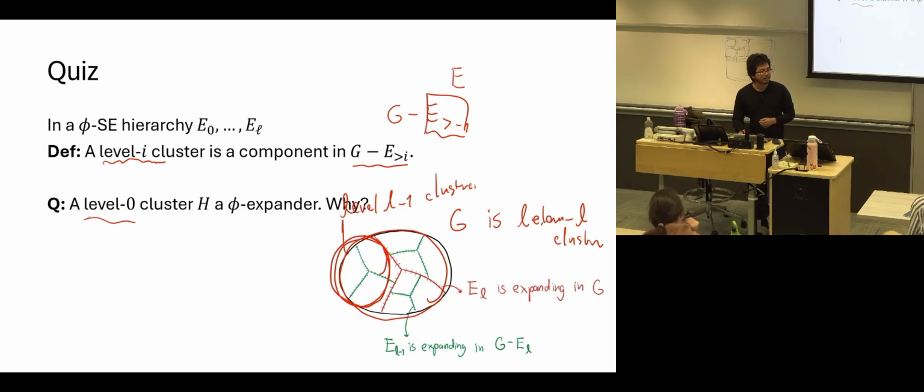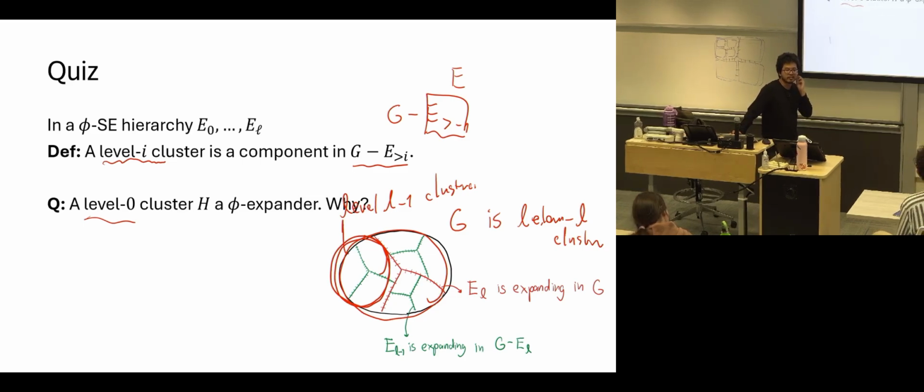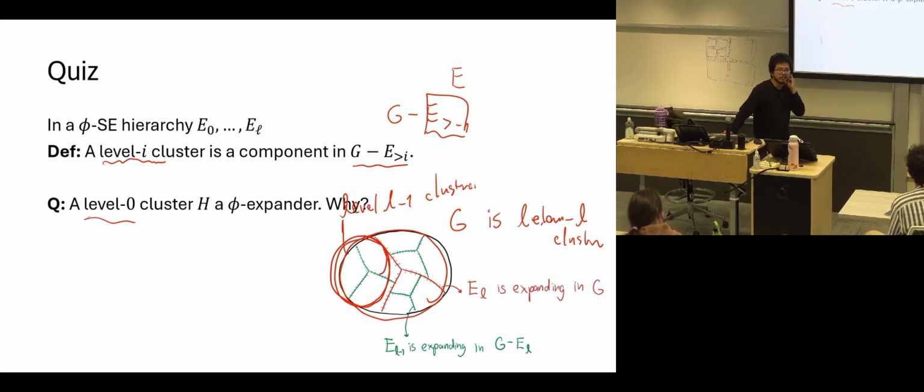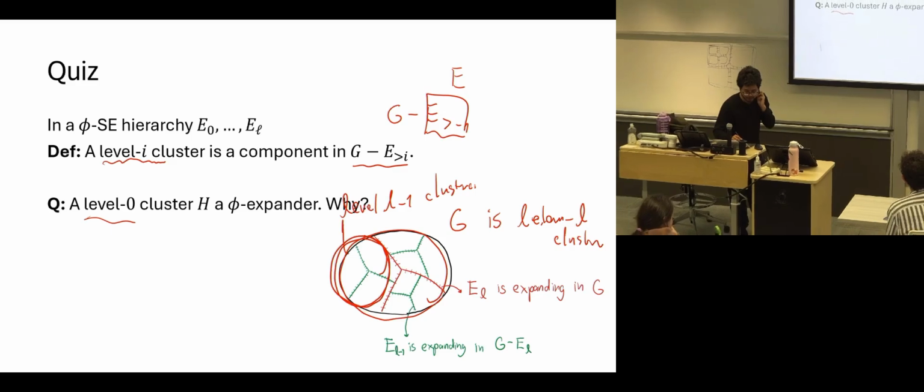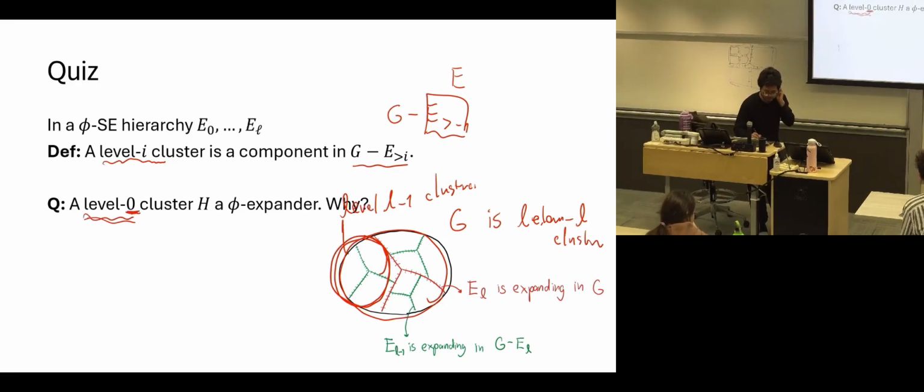Would it be the case that the level L cluster we know is expanding, so it's the connected components, meaning level L minus 1 is also expanding, and we can take it all the way back? Actually, not quite. I can only say this for level 0, no other level. For other levels, H might not be a phi expander.